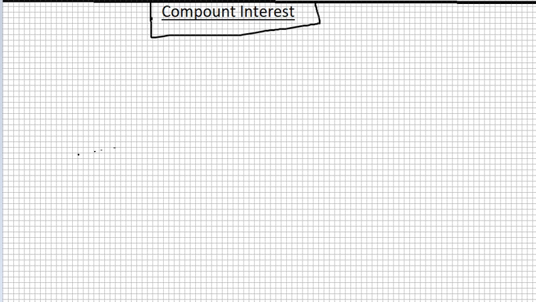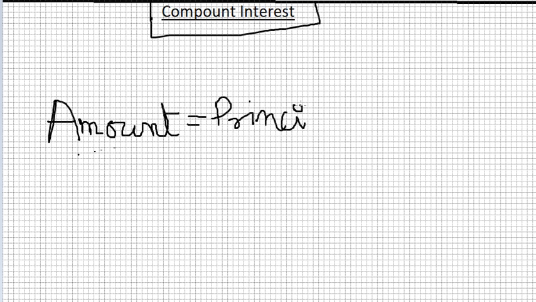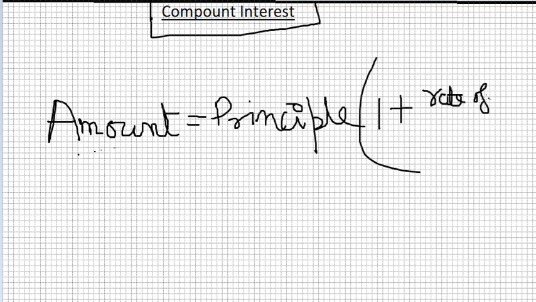For compound interest, our formula is A for amount. So I am writing it in full: Amount will equal our principal multiplied by 1 plus R, where R means rate of interest, rate of interest by 100.